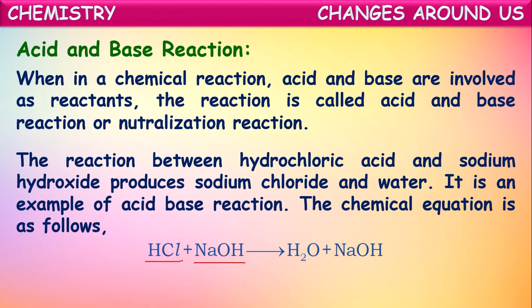So when these two combine with each other, they form two new substances, NaCl, salt and water. Salt and water are formed as products. This kind of reaction in which acid and base combine together to form salt and water as products is called an acid base reaction or neutralization reaction.